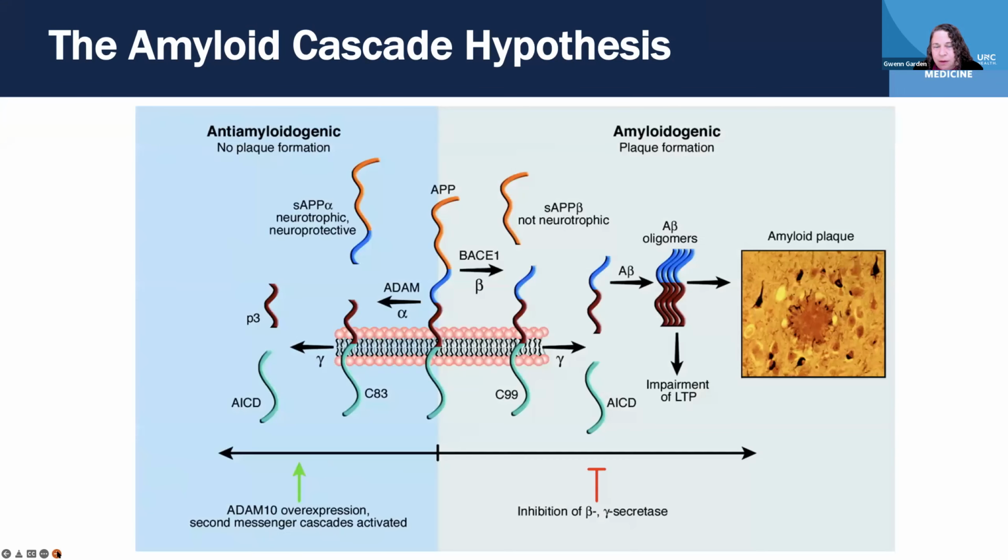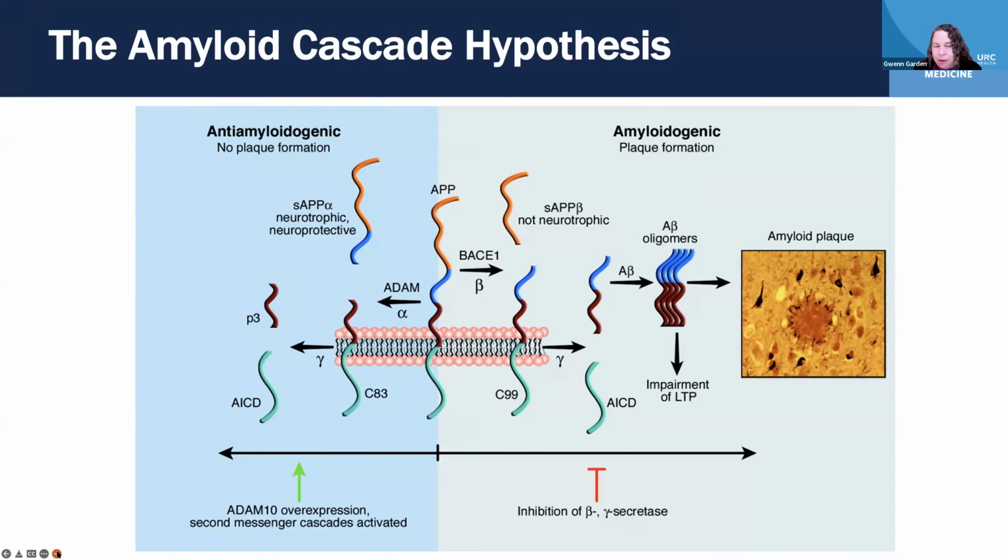And this is sort of a cartoon that illustrates the concept as we try to put these mutations which cause autosomal dominant Alzheimer's disease into context. The idea is there's a protein called amyloid precursor protein, an intramembrane protein, which is proteolyzed by several different proteolytic complexes. And one of those complexes is called the gamma secretase complex.